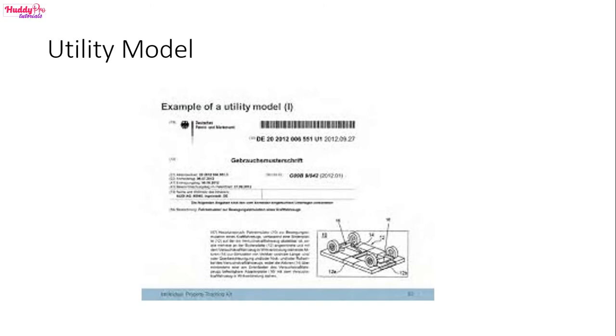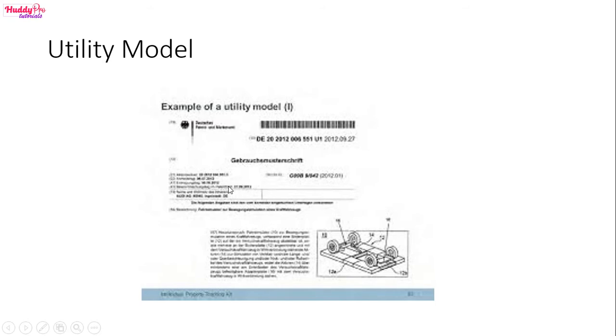Okay, so that's an example. This image shows an example of a utility model. You can maybe come up with an improvement, an innovation in something, and then you request for a utility model to be applied on your innovation or invention, and then they file a utility model.